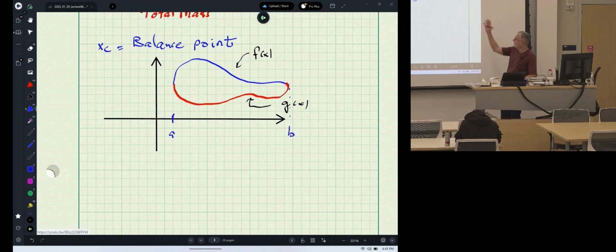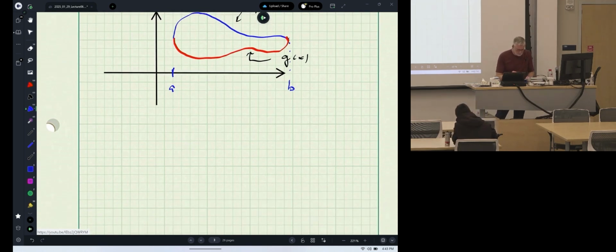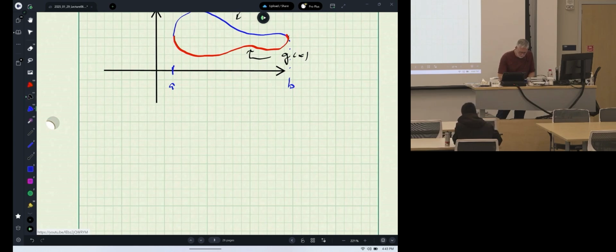So we know how to calculate the area of that. How would we calculate its total mass? To do that, we need some assumptions about the robot link.